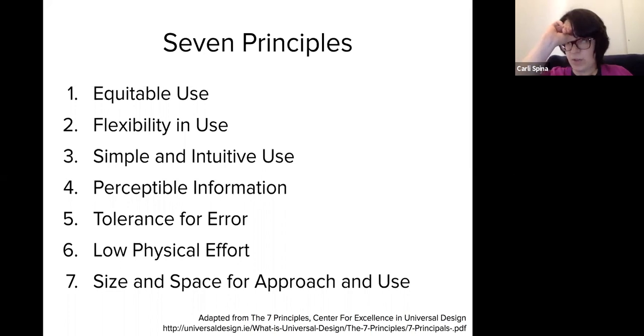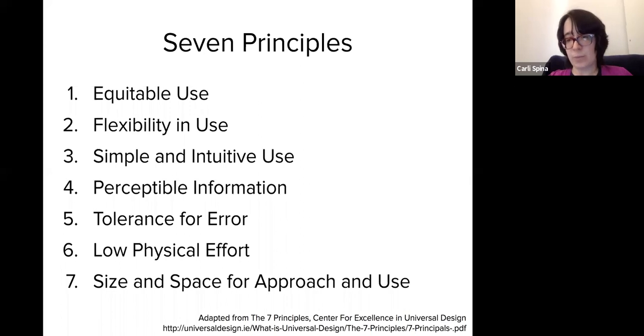Perceptible information, which that tactile sign we saw was a good example of. Tolerance for error, which basically means you want to make sure that if you make an error, there isn't a large consequence that can't be solved. Low physical effort, which the doorknob would be a good example of.